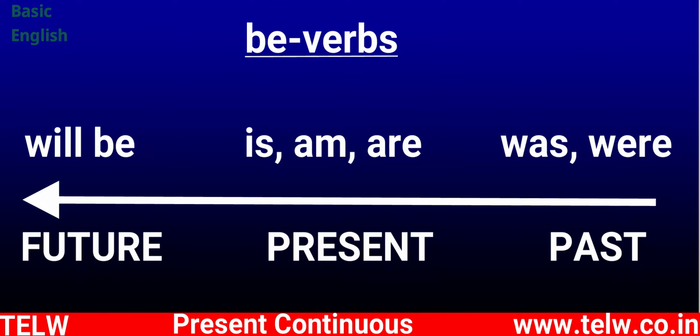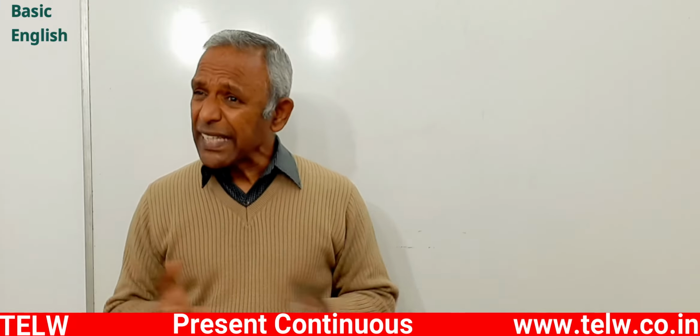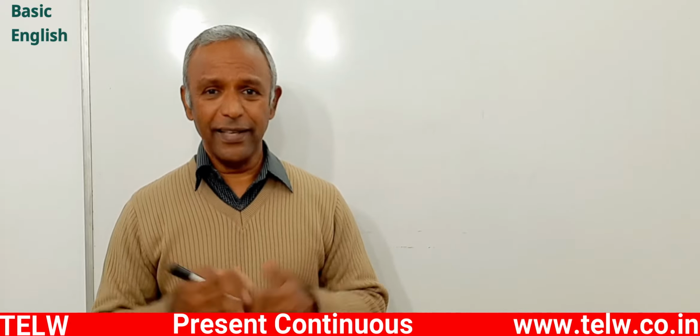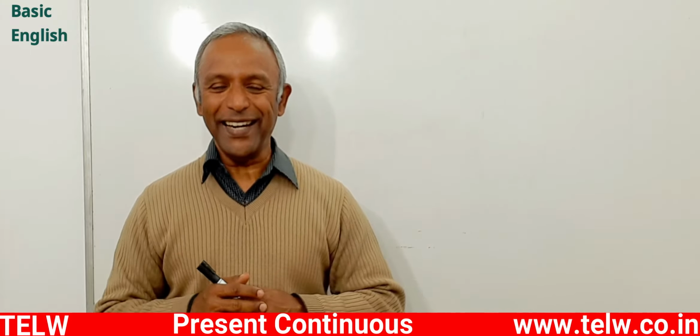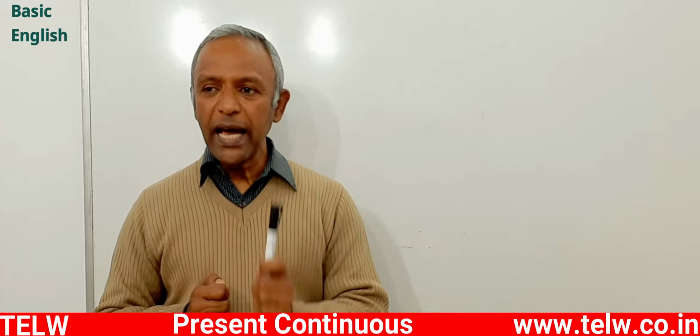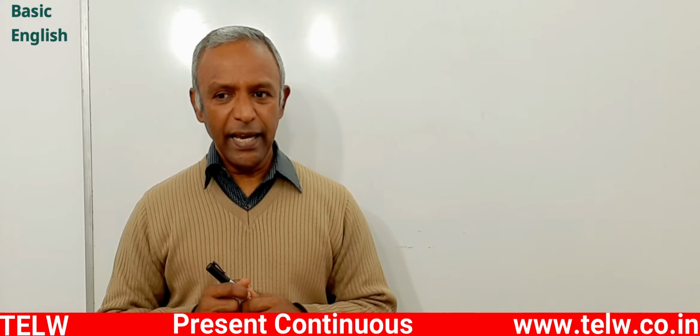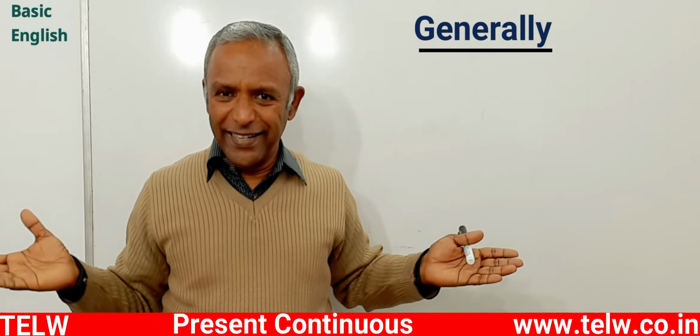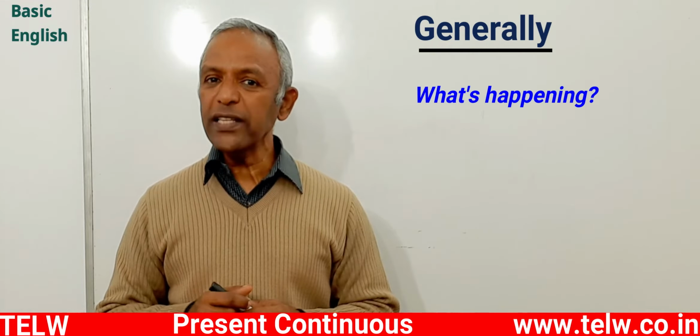These six be verbs talk about the state of affairs. So, I call them the state auxiliary verb, if you like. That's my term. Right. So, another point over here is, if you want to know generally, then you say, what's happening?